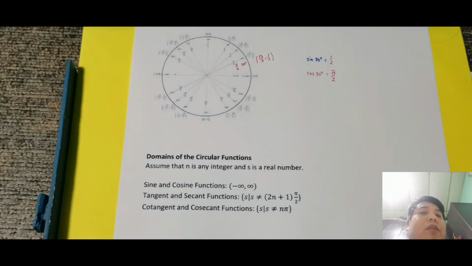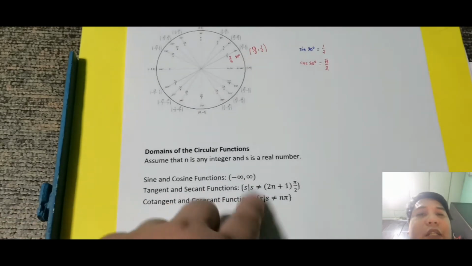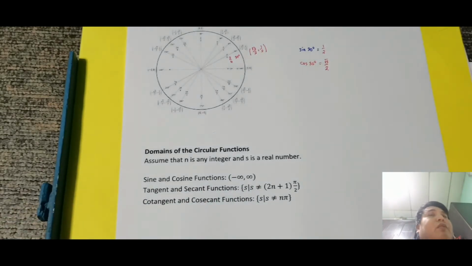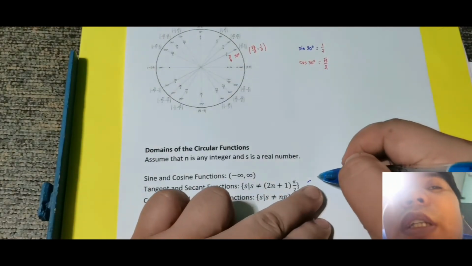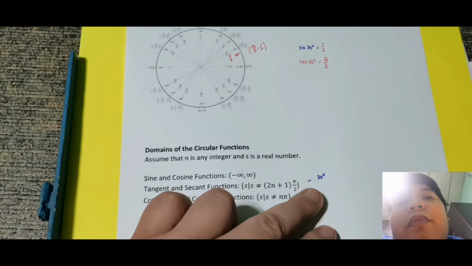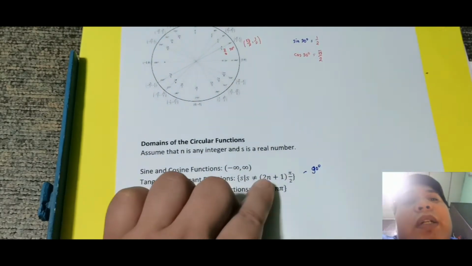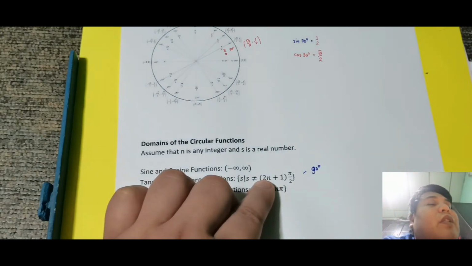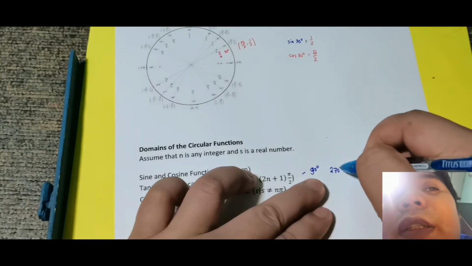What kind of angle is that? It should not equal that angle. For example, for n equal to 0, that is pi over 2. So tangent and secant do not accept these angles: 90 degrees, and for negative n, 270 degrees. That is all they reject.